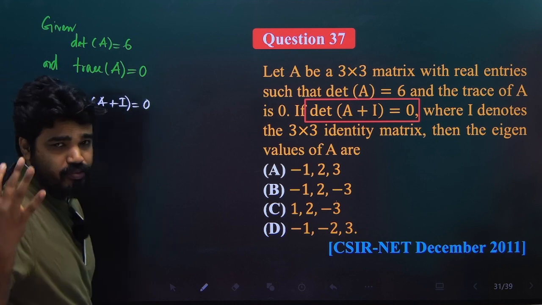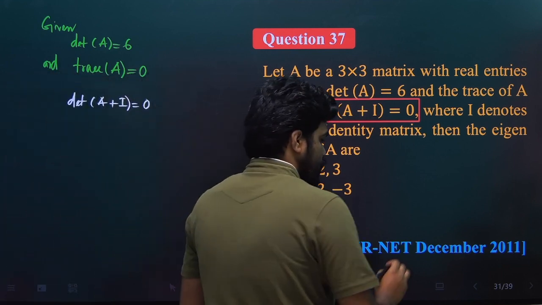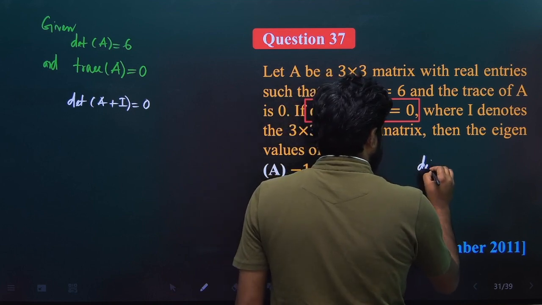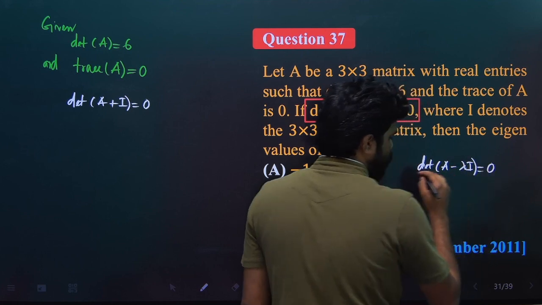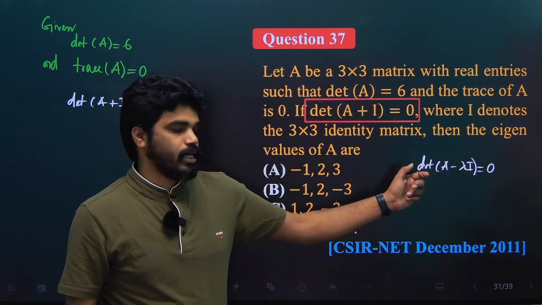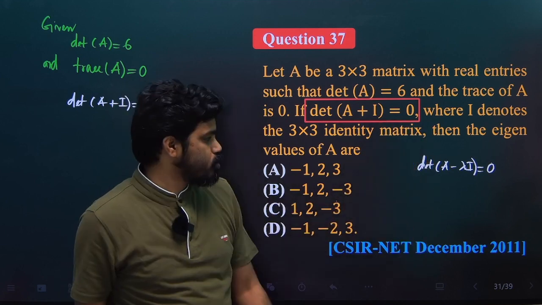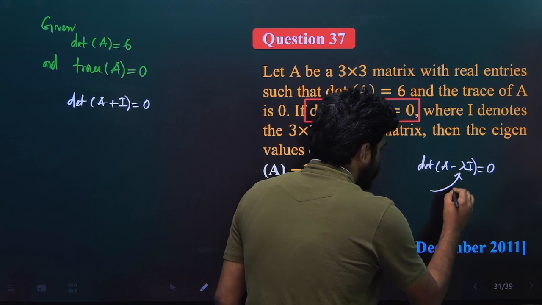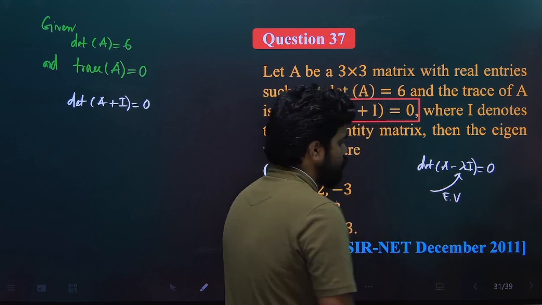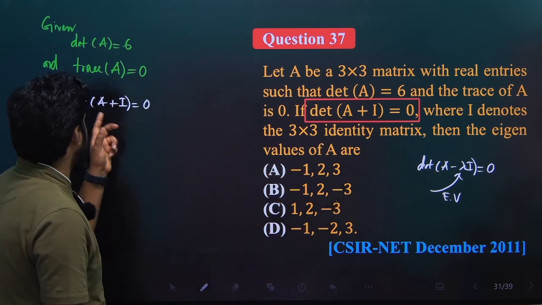Just recall the definition of the characteristic equation. Determinant A minus lambda I is equal to 0. This is called the characteristic equation. Lambda is called an eigenvalue. Just compare this.